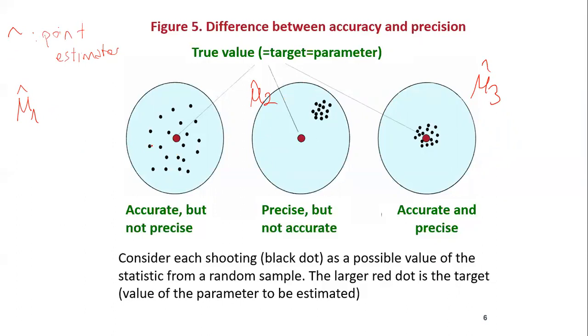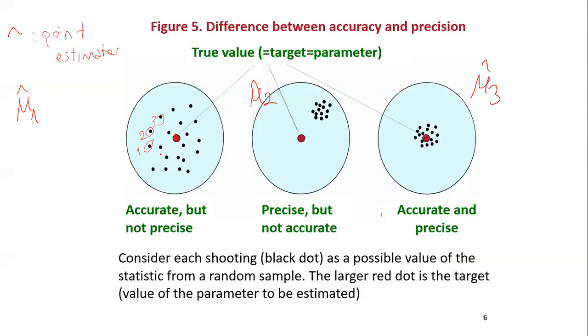So mu hat 1 is a random variable, and each of these points is a value of a realization of this random variable. So you just pick a class, let's say. This is your first observation, your first mu1 hat, right? And this is your second mu1 hat, third mu1 hat, and so on and so forth. It turns out that if you take the average of these mu1 hats, its center, its expected value, is just at this red dot, okay?